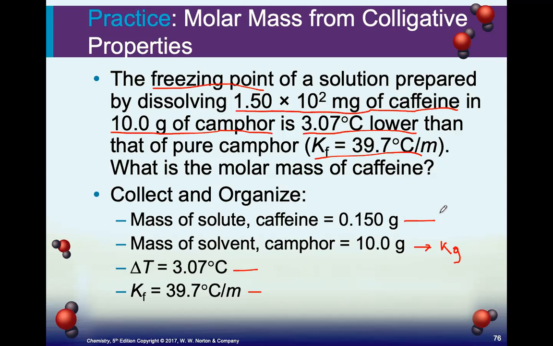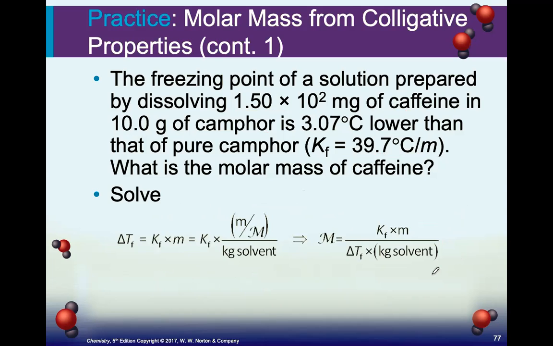We need to convert this into moles in order to use it. Okay, so let's see. Here they're again showing you the derivation of the equation we're going to use to calculate the molar mass.